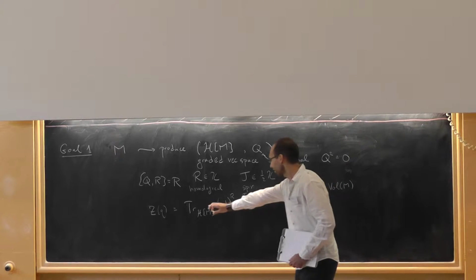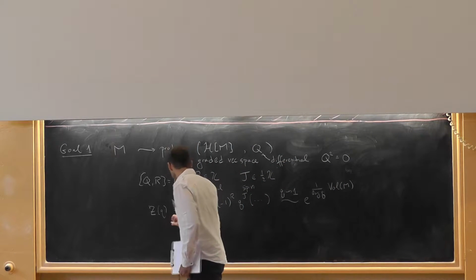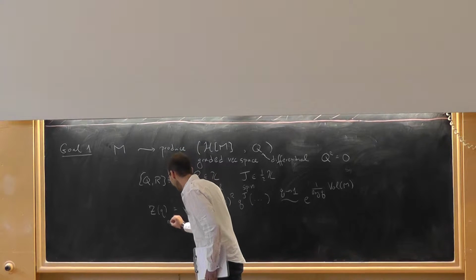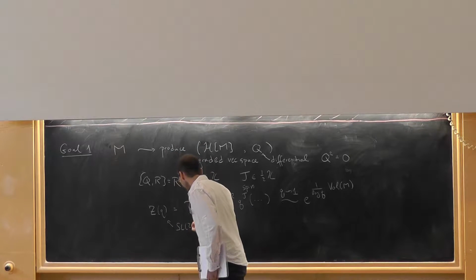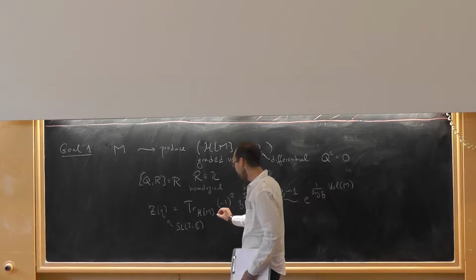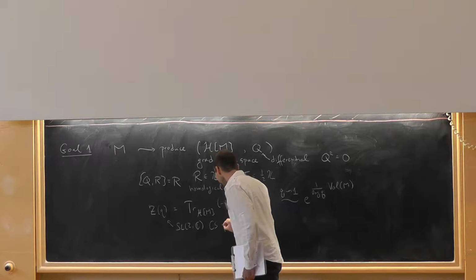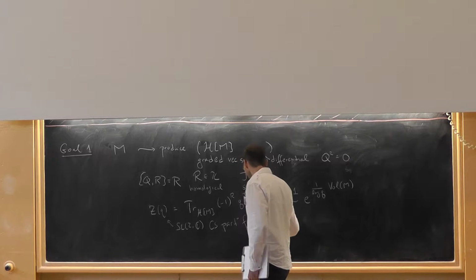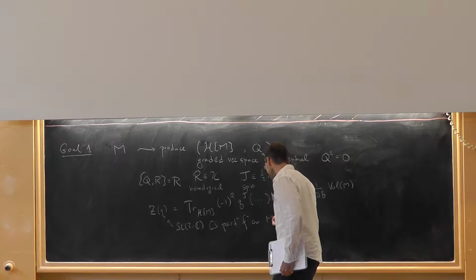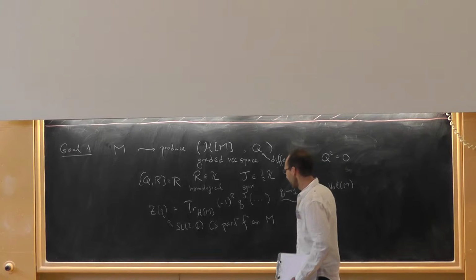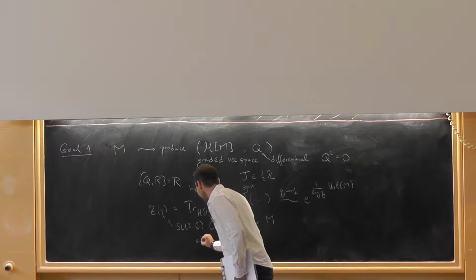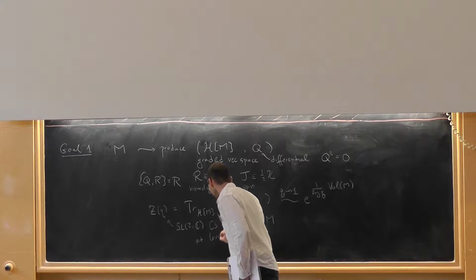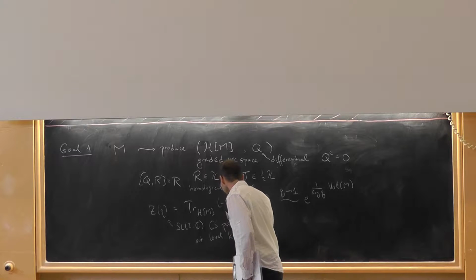And I actually want this Euler character to be the SL2C Chern-Simons partition function on M at level 0.